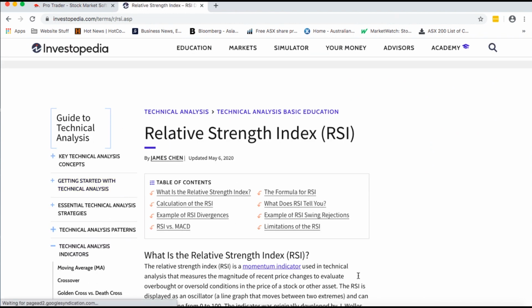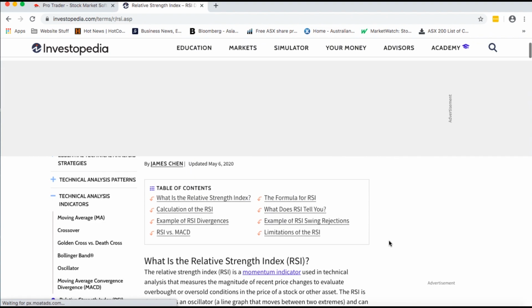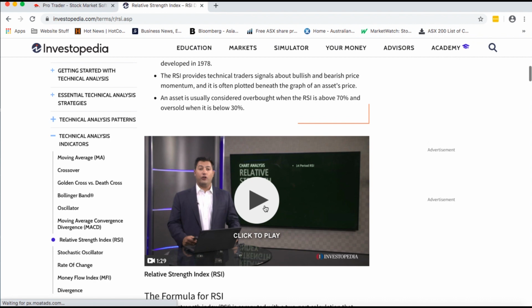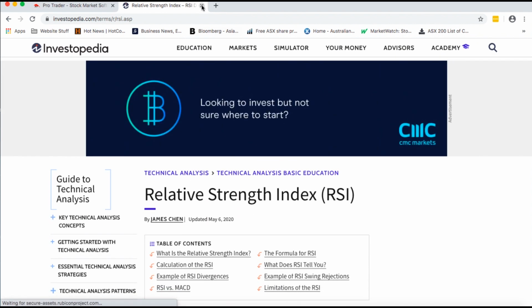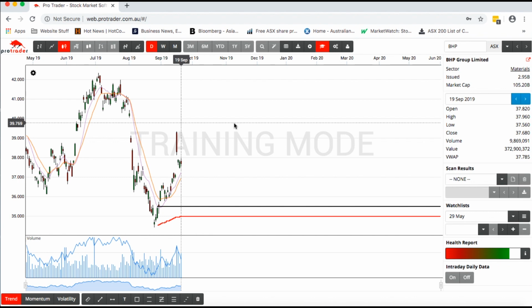I still use it now after years and years of using the software, and it usually has a great description as well as a very good video. So if there are any of these indicators that you're unsure about, always go to Investopedia to find out.